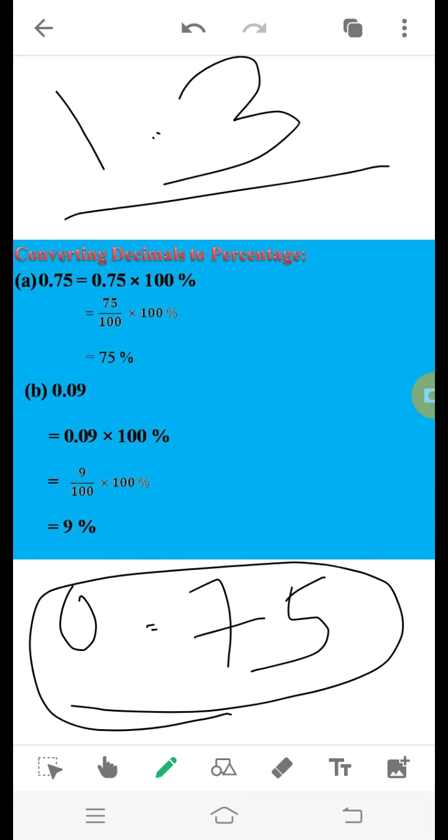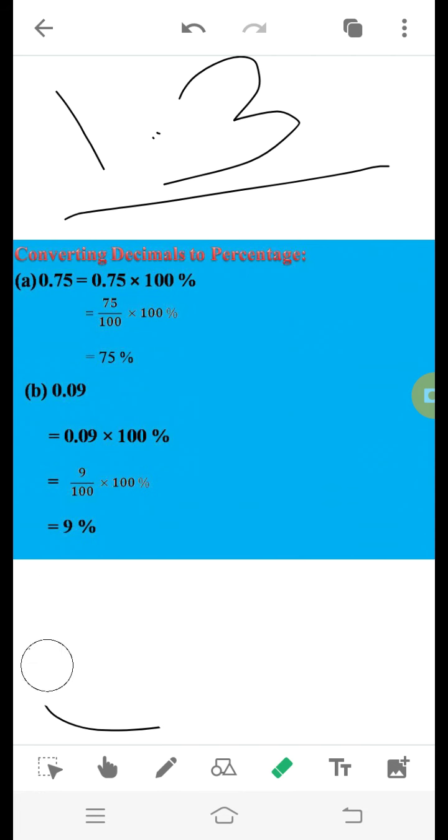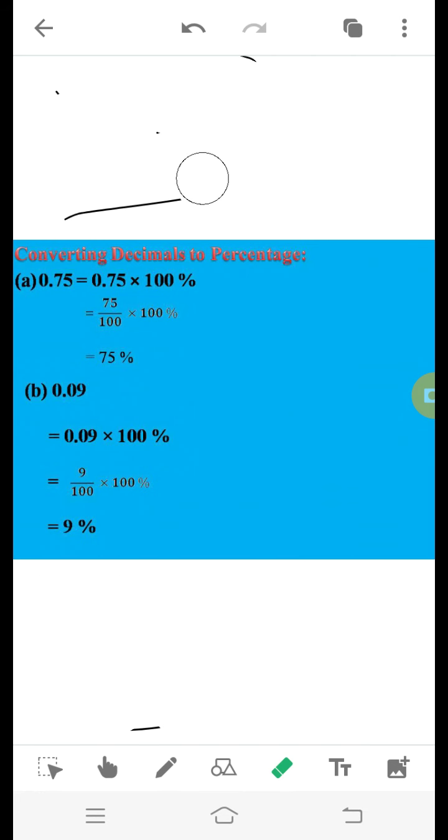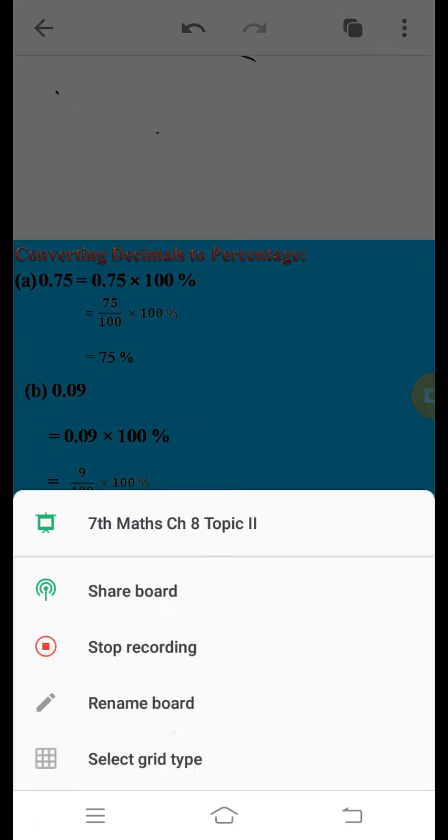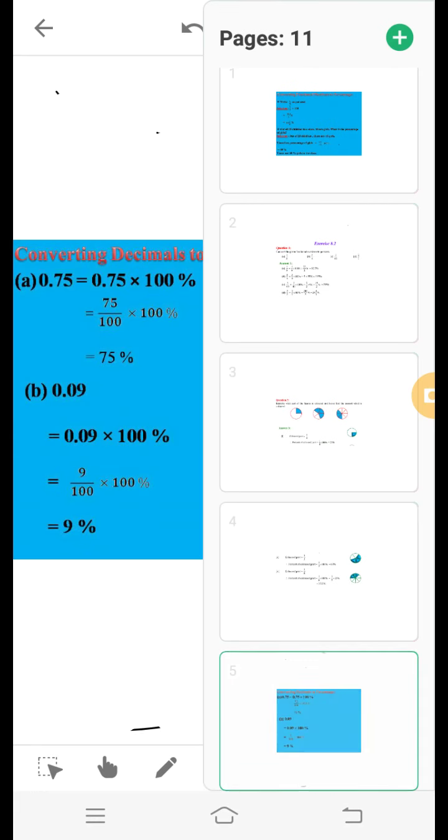Now, when we have to convert this decimal number to a percentage, first we have to convert this decimal into the simple form. How to convert this number into the simple form? Let us understand first of all. I am just giving 1 or 2 examples. 1.3.